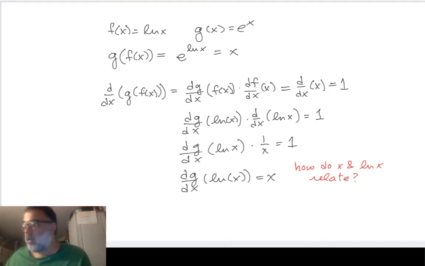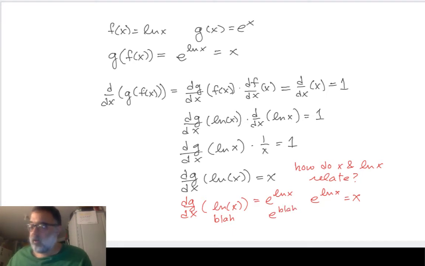And e to the natural log of x is equal to x, right? Which means that we're saying this inverse function of ln of x is equal to e to the ln of x. In other words, our inverse function of blah is e to the blah.